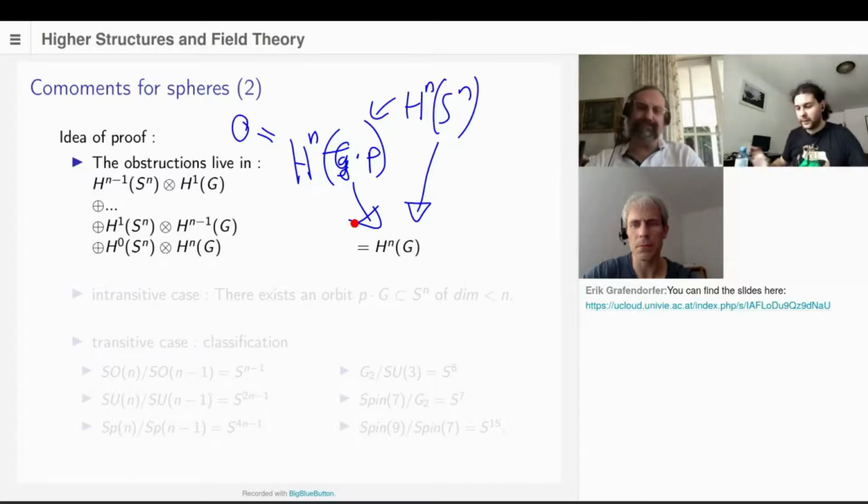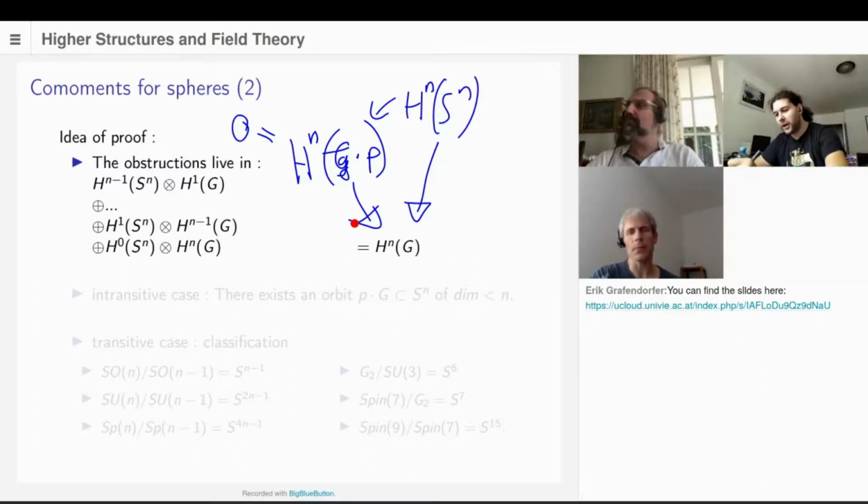Okay. So this would work with any orbit, but we pick one orbit which has lower dimension. The map factors through it, and hence we know that the obstruction class will be 0.